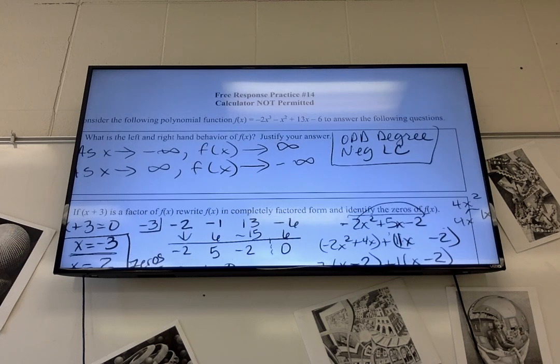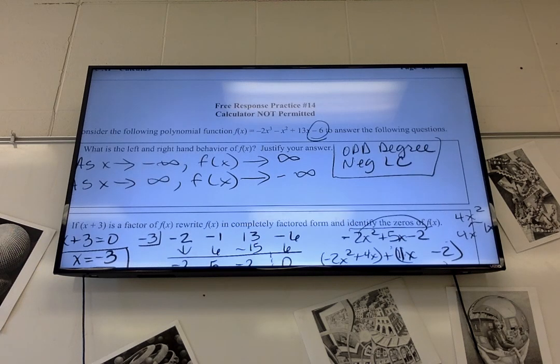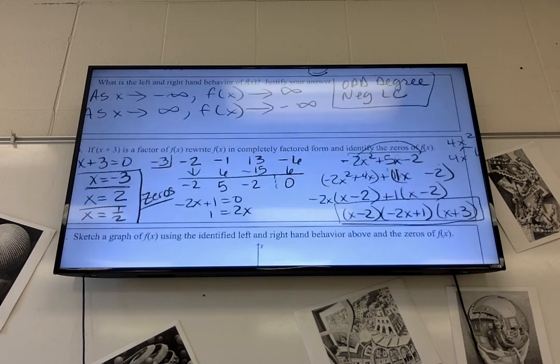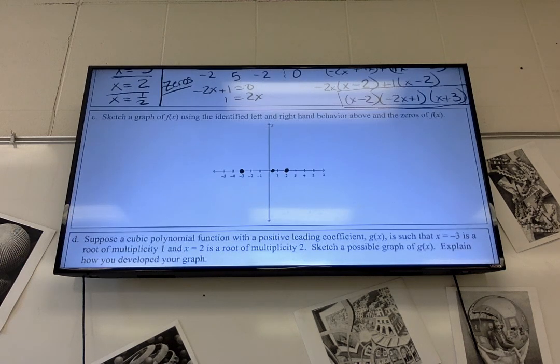I also know -6 is my constant. So it's going to cross down here somewhere at -6. Something like that. How far up or how far down for those maxes and mins, we don't know. Doesn't tell us on this one. On the other one, it told us the maxes and mins, but it didn't tell us the zeros.